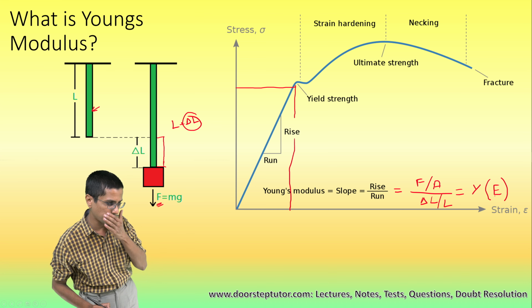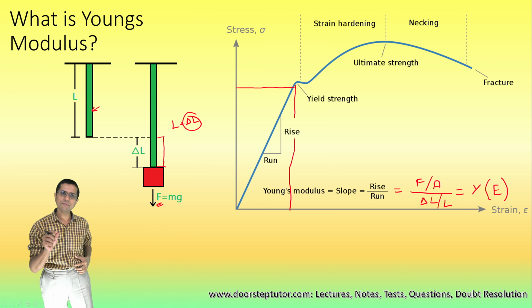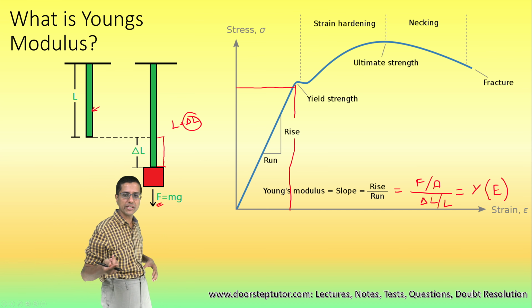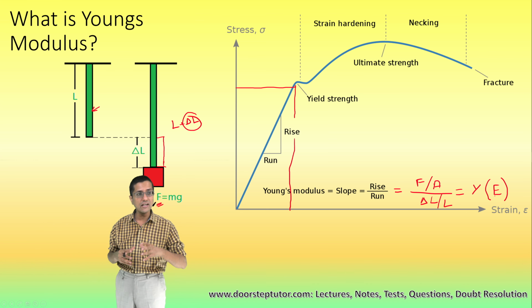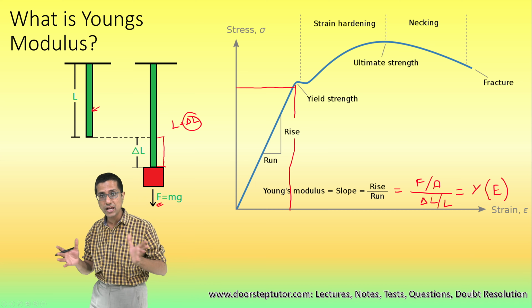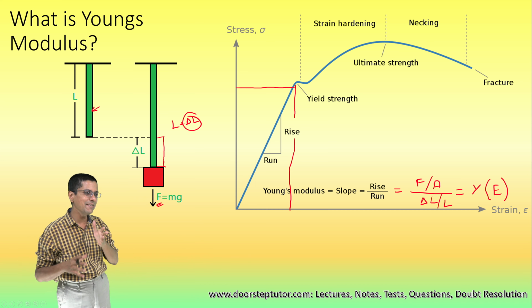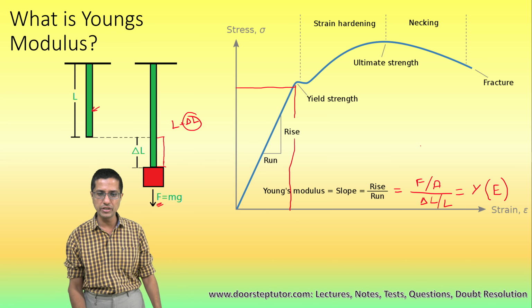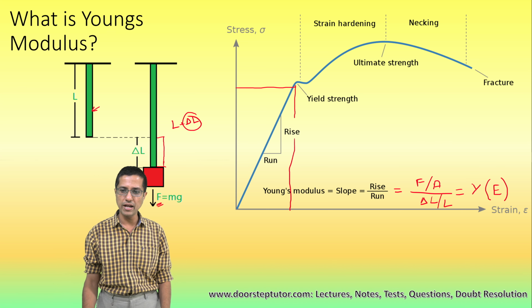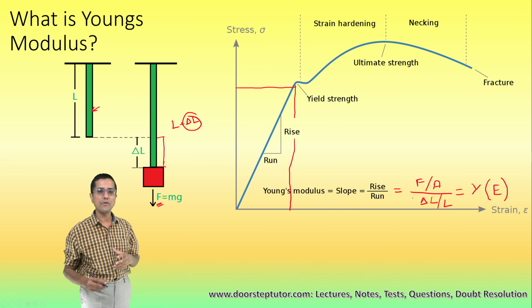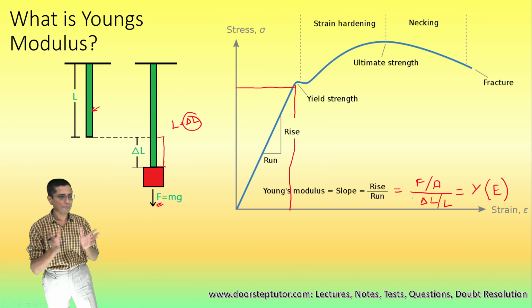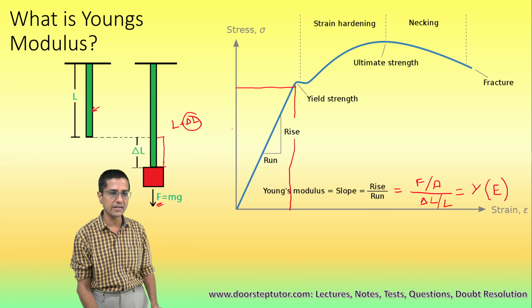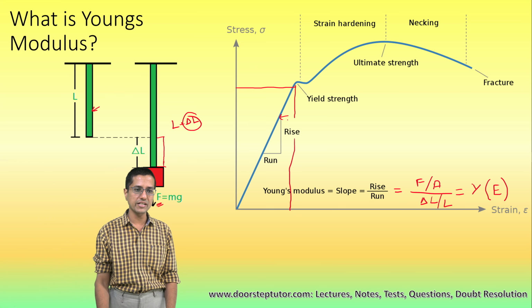But we will not use E, because the problem is that when the energy comes in, the potential energy in this rod, for example, when we have to derive those formulas, then the symbol E becomes double. Okay, so E is for energy, E is also for Young's modulus. So we'll avoid that. We'll use the symbol Y for Young's modulus, and in this region of the curve, Young's modulus is equal to stress by strain, where the stress and strain are proportional to each other, which is the linear region of this stress strain curve.